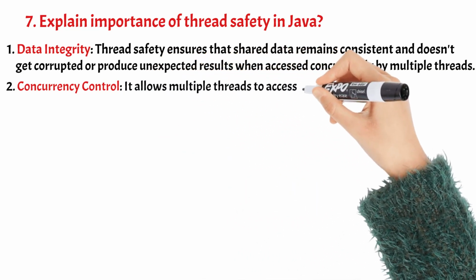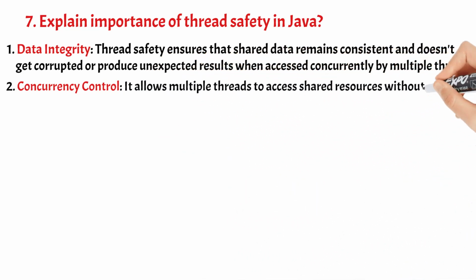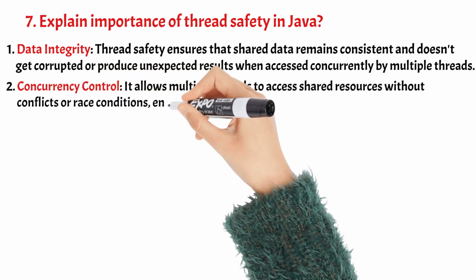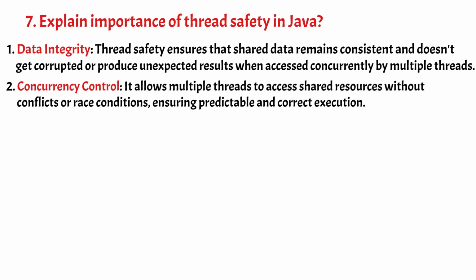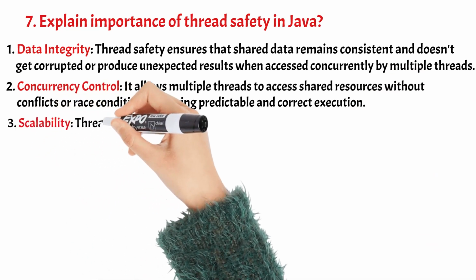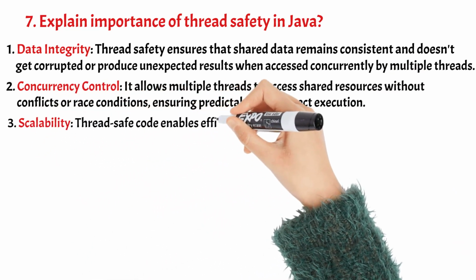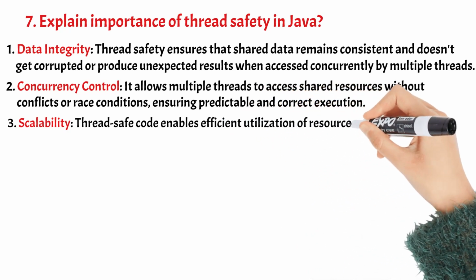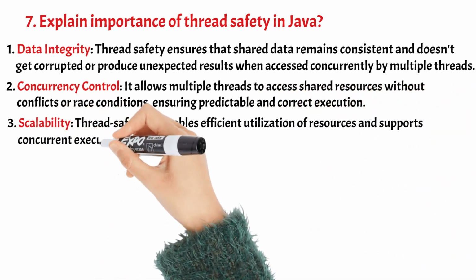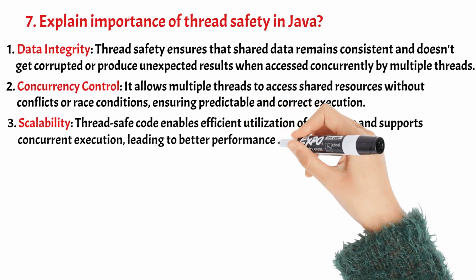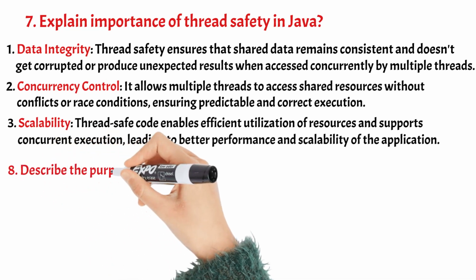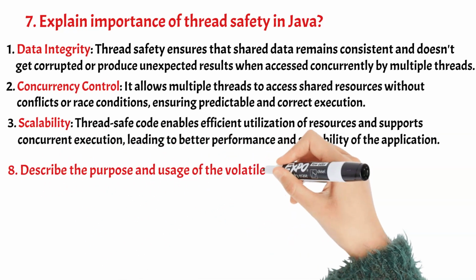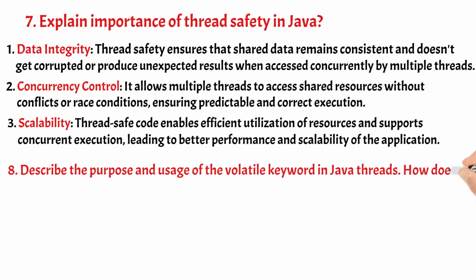It allows multiple threads to access shared resources without conflicts or race conditions, ensuring predictable and correct execution. 3. Scalability. Thread-safe code enables efficient utilization of resources and supports concurrent execution, leading to better performance and scalability of the application.